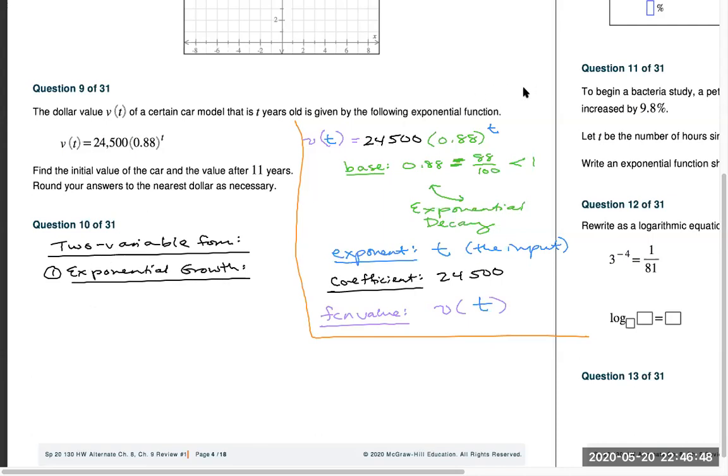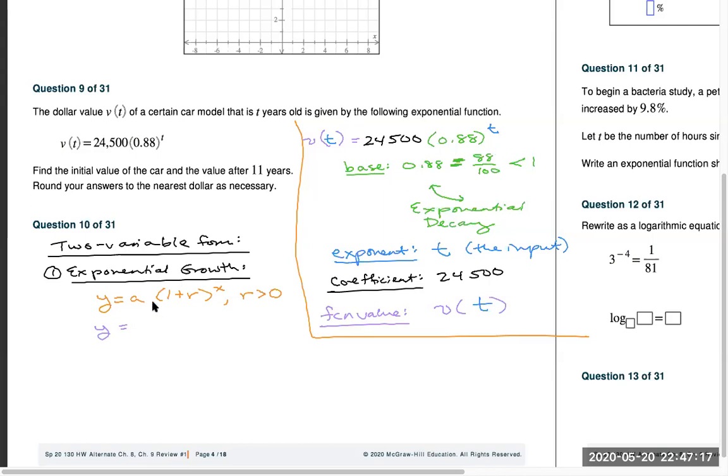Your formula for this will be y equals a times 1 plus r to the x, where r is positive. Okay. To color code this a bit, like for when we get to function stuff, y is our function value.